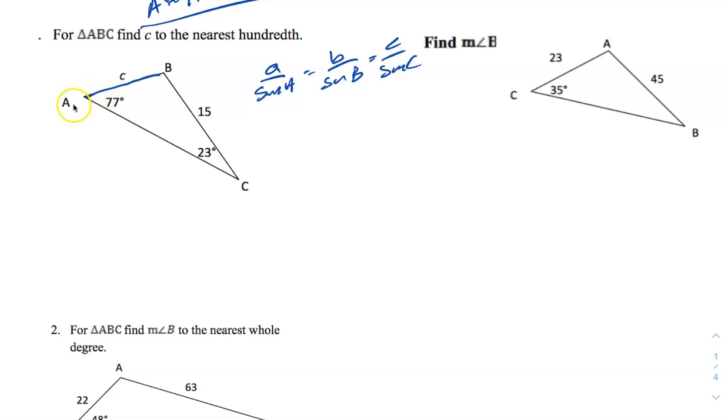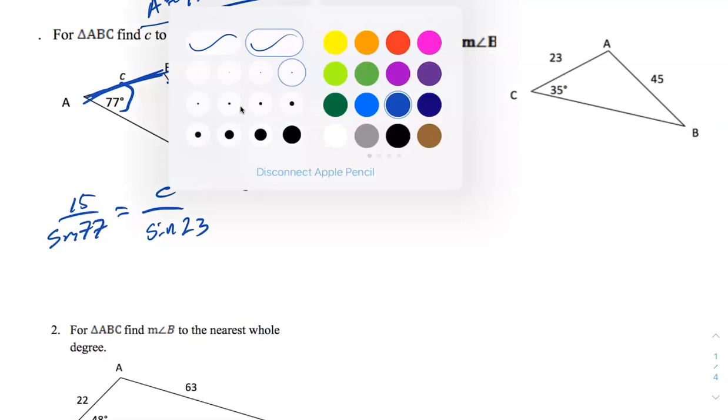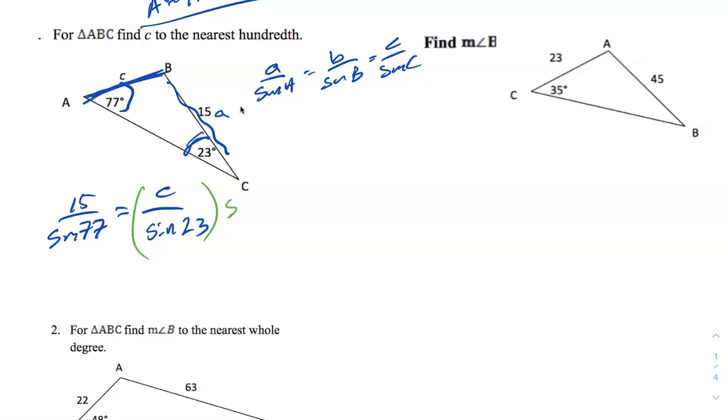So in this case, I have both the A's. I have angle A and I have side A right across from it. So I have 15 over sine of 77 equals, well, since I want side C, that goes with angle 23. And then to solve this, we'll just multiply both sides by sine of 23.